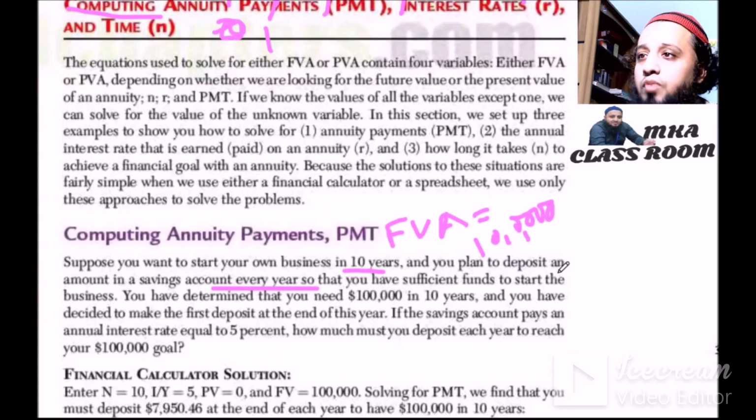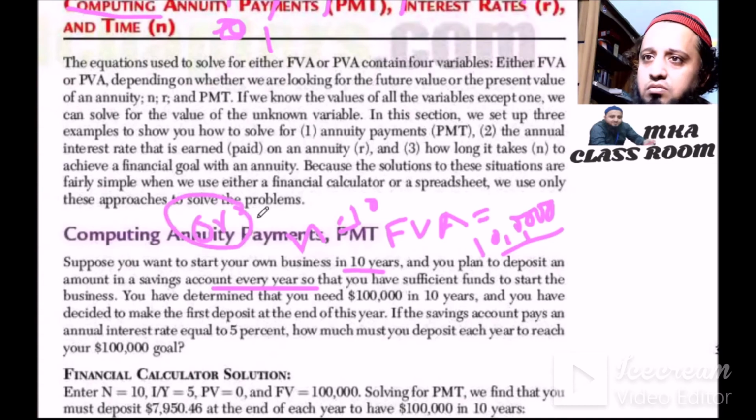1 lakh taka in 10 years. So, N equal to 10 and FVA 1 lakh. You have decided to make the first deposit at the end of each year, so that is the ordinary annuity.